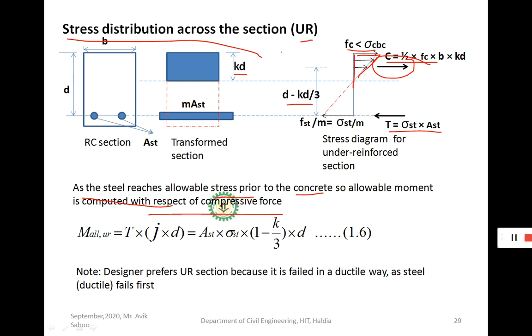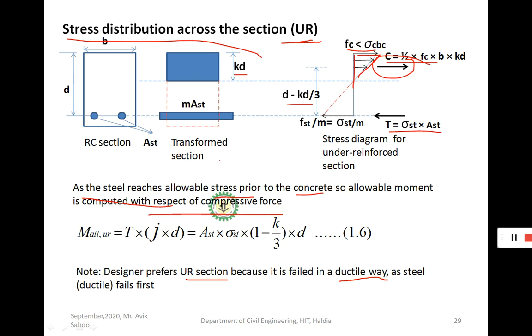Now the under reinforced section is very important because designers prefer the UR section. The under reinforced section is preferred by the designer because it fails in a ductile way, and the steel fails first.